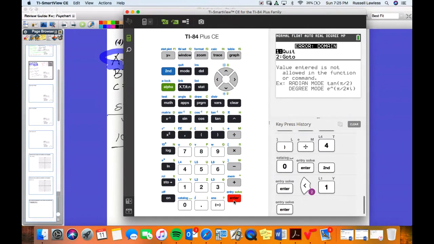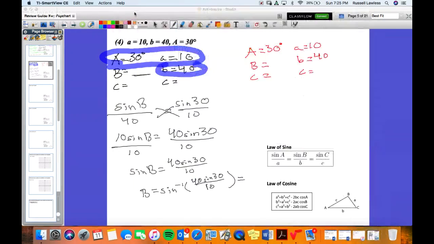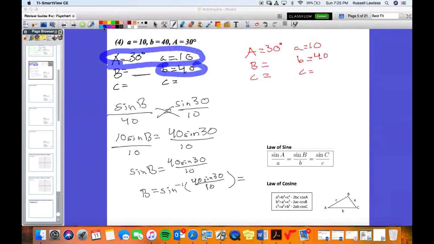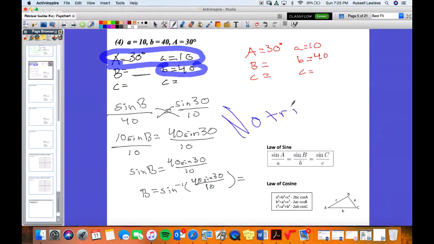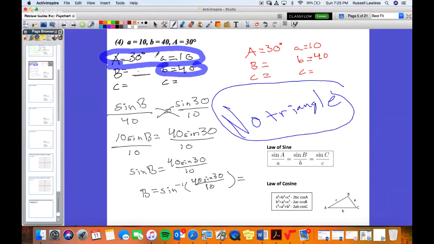But if you find out where you plugged it into the calculator, everything worked out, and there was a domain error, it is a no triangle answer. So our answer is no triangle. Now here's the thing. If there's no first triangle, there can't be a second triangle. So there's no triangle at all, and our answer in this case will just be no triangle.